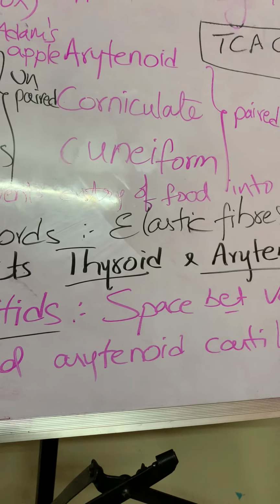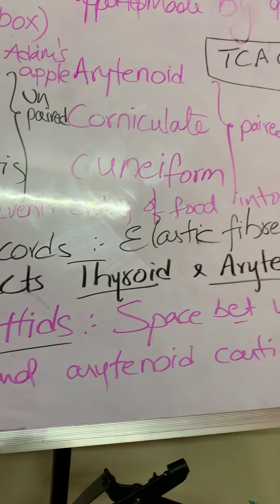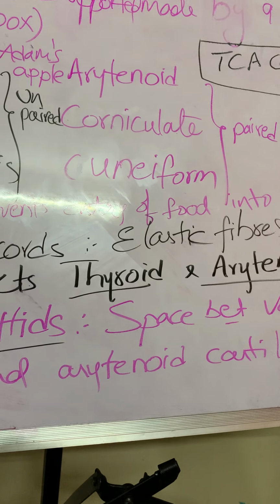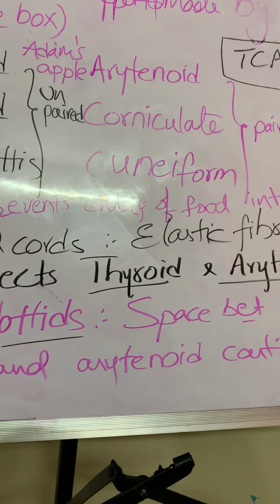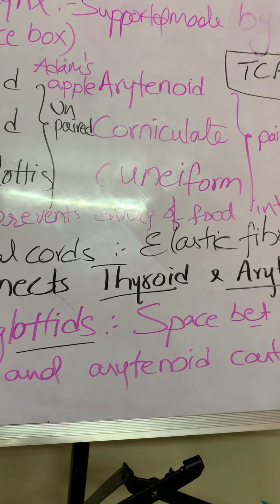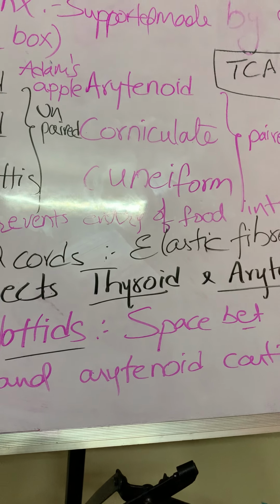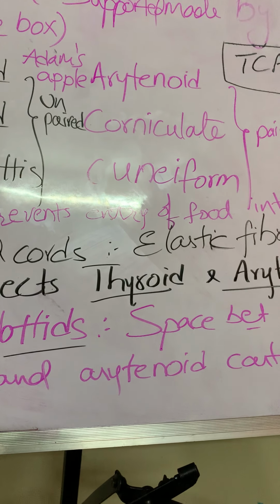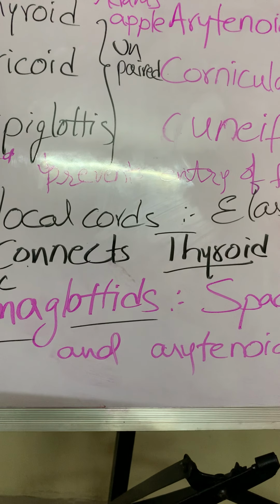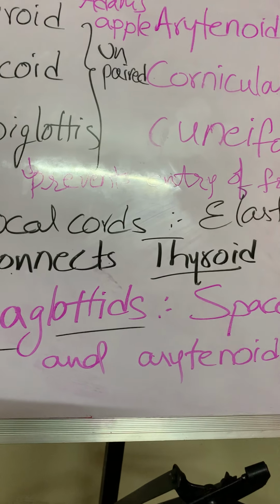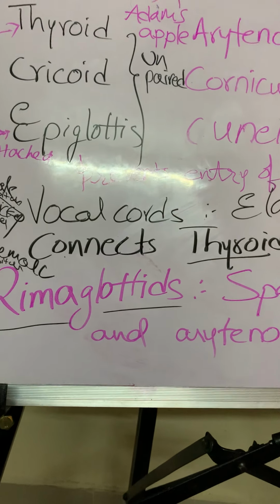It covers the opening, that is the glottis, while we are swallowing, because the food must enter into the esophagus. If food tries to enter into the trachea, it will create a problem. That's why the epiglottis covers the glottis, so that the food enters into the esophagus and not into the trachea.